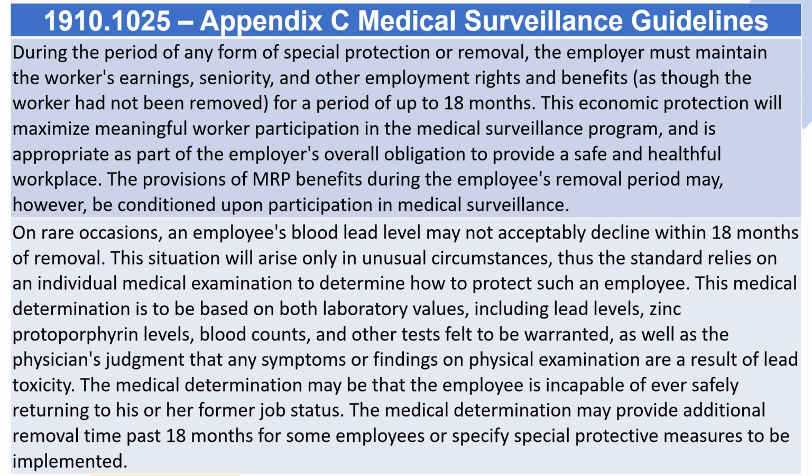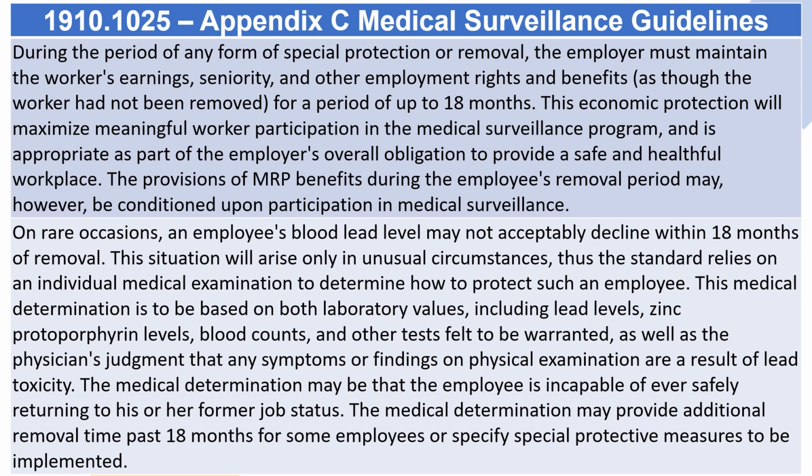This medical determination is to be based on both laboratory values, including lead levels, zinc protoporphyrin levels, blood counts, and other tests felt to be warranted, as well as the physician's judgment that any symptoms or findings on physical examination are a result of lead toxicity. The medical determination may be that the employee is incapable of ever safely returning to his or her former job status. The medical determination may provide additional removal time past 18 months for some employees or specify special protective measures to be implemented.